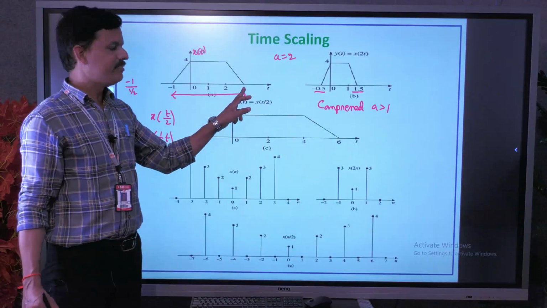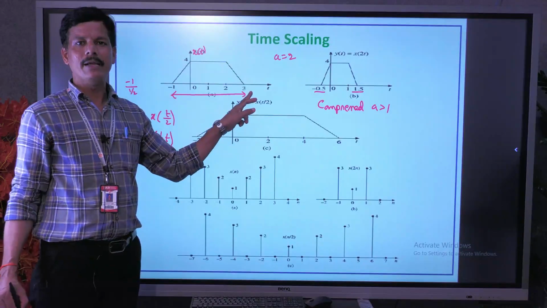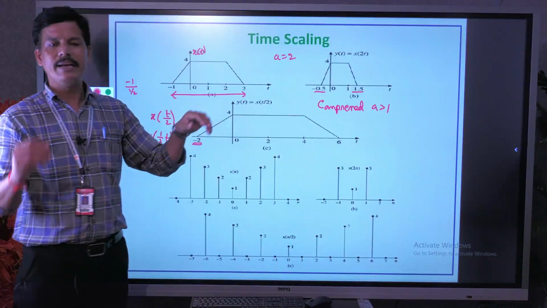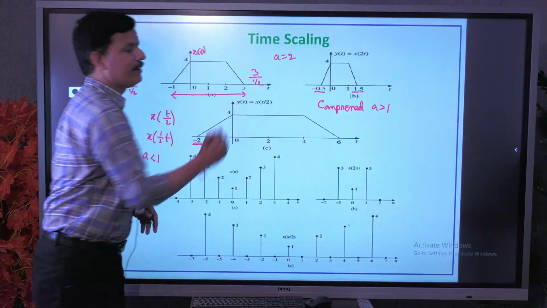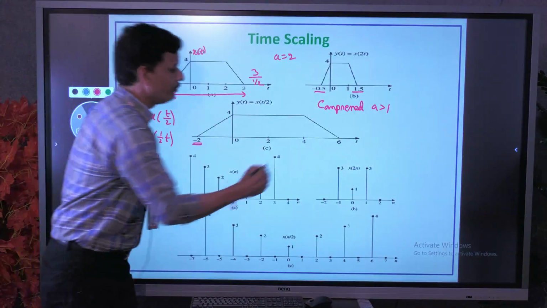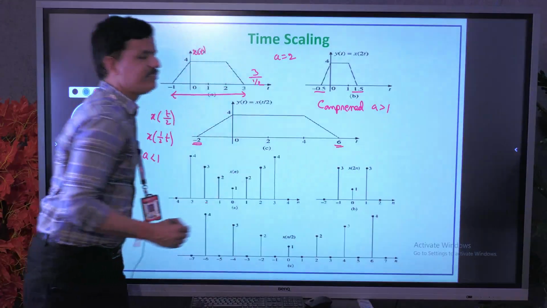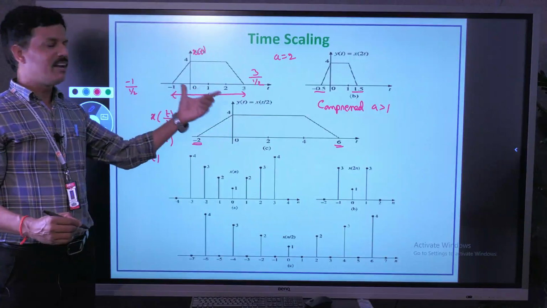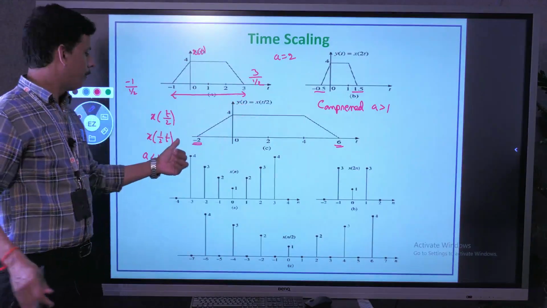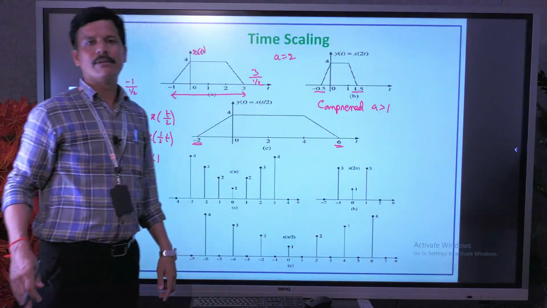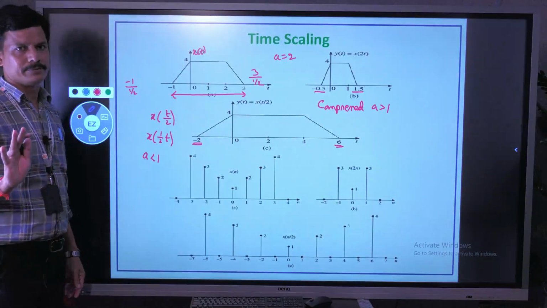Similarly, the ending value is 3. 3 divided by 1 by 2, every value is divided by A, so it will become 6. So the last value is 6. So the original signal, which is from minus 1 to 3, is expanded to minus 2 to 6 with a value of A equal to 1 by 2.